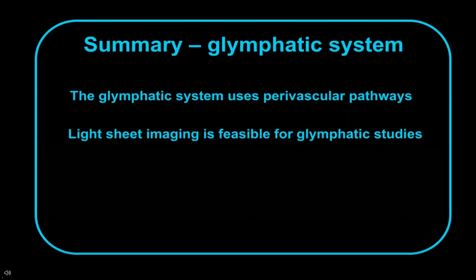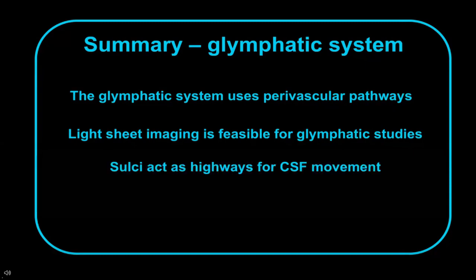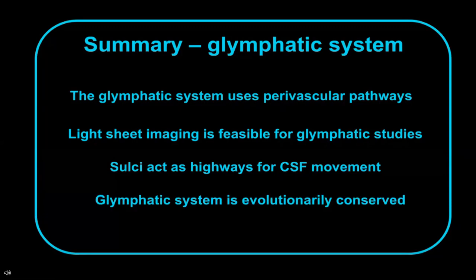Light sheet imaging is feasible for glymphatic studies. We saw that the sulci and fissures in the large gyrified brain act as highways for CSF movement. So we found that the glymphatic system is evolutionarily conserved, if not enhanced, by the gyrification of large brains.